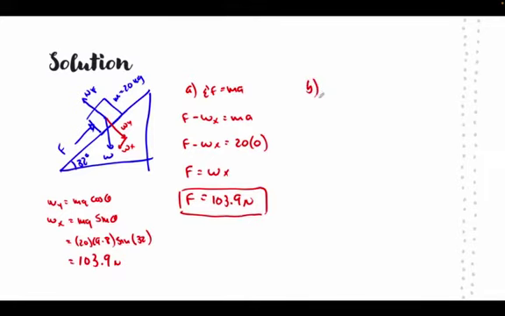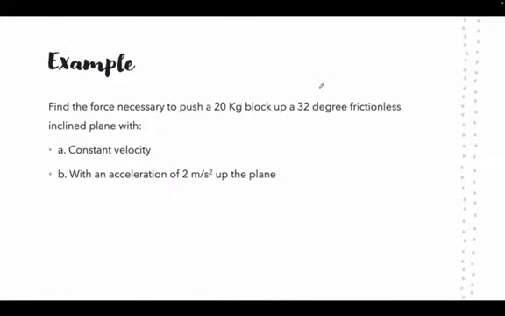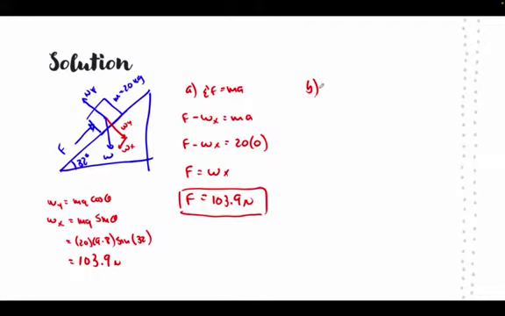And then question B is asking us what force is necessary to accelerate this block at 2 meters per second squared up the plane. Same thing: Newton's second law tells us that net force is equal to mass times acceleration. F minus Wx is equal to mass times acceleration.